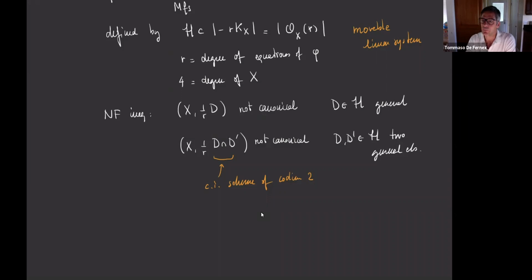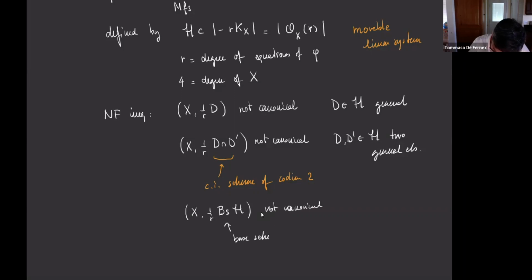Because at the end of the day, the pair that we look at, in fact, is the following one: the base scheme of H, and this is not canonical. So this will be really the pair.